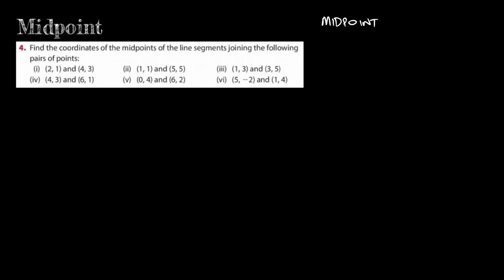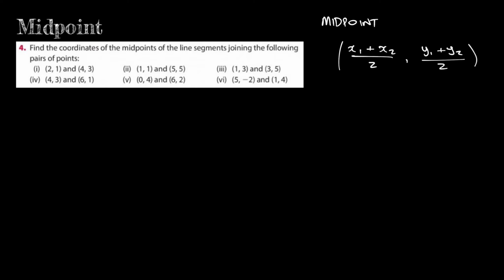We'll have a quick look and see the formula that we're going to use: x1 plus x2 divided by 2, comma y1 plus y2 divided by 2. So that is our formula. Anytime we're dealing with these, we always have to label our points.